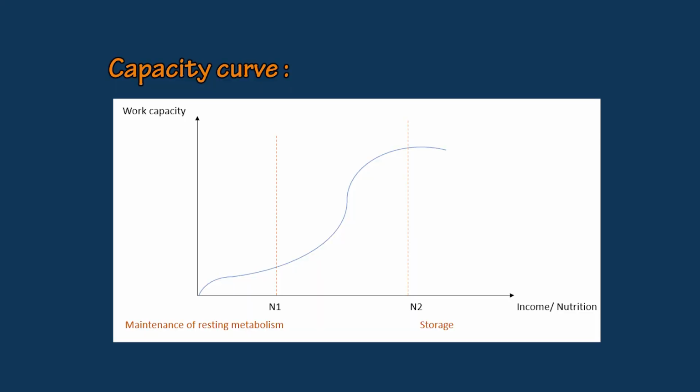Now to draw a capacity curve, we have to represent work capacity on the vertical axis and income and nutrition on the horizontal axis. Representing income and nutrition both on the same axis inherently assumes that most of the income is used to maintain nutrition.